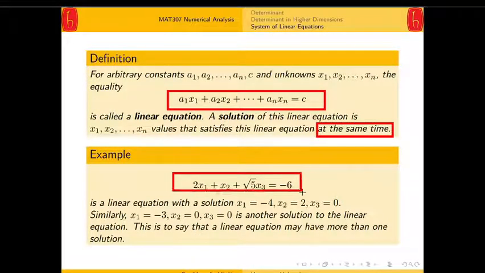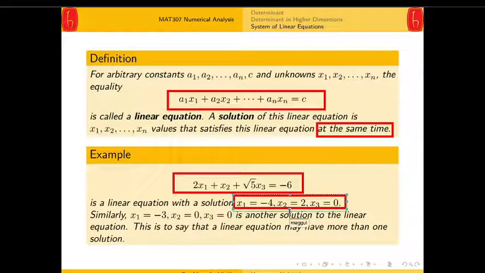Here we have a linear equation, because we have some constant times x1 plus another constant, which is 1 in this case, times x2, plus some other constant times x3, equal to some constant. This is a linear equation with solution x1 equals -4, x2 equals 2, and x3 equals 0. If you substitute -4 here, this will be -8, and then plus 2 will be -6, and 0 times x3 will be 0. -6 equals -6, so this satisfies the equation, and so this is a solution.